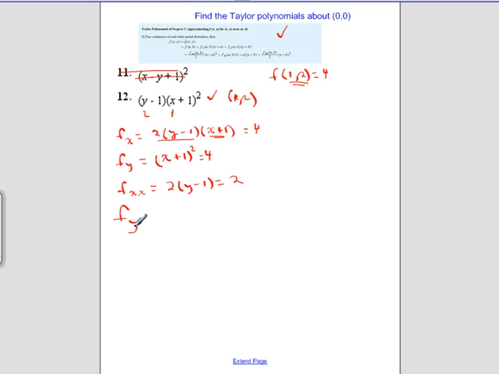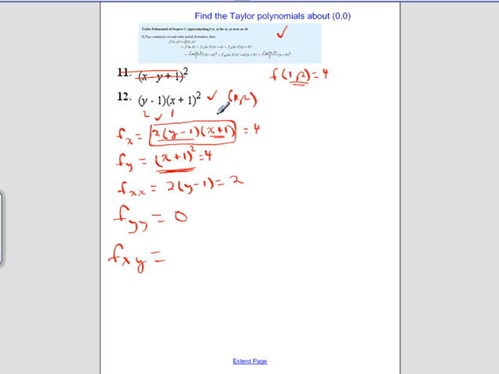And f partial yy, well, there's no y values here. So as y changes, this is just a constant. So this equals 0.